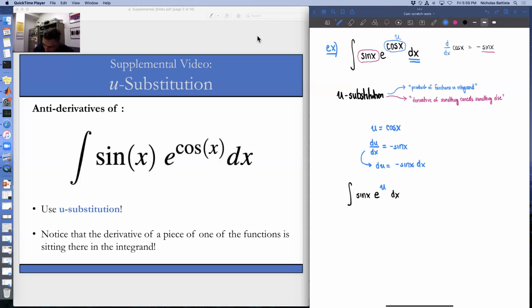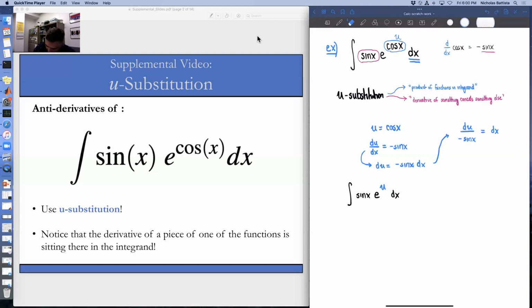We divide both sides by minus sine of x, and we get du over minus sine of x is equal to dx. That's exactly what we're going to substitute in for that dx down below.